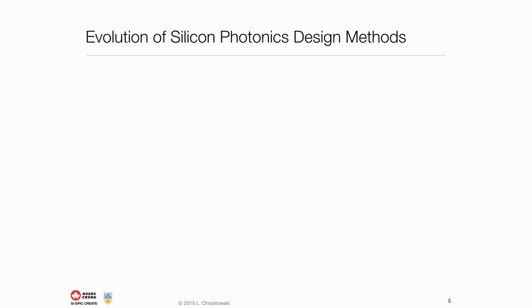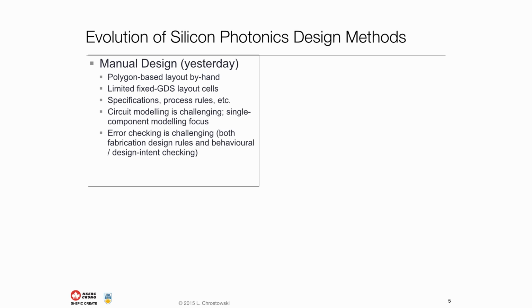Let's see how this compares to where photonics is and see the evolution of photonics design methods. First, let's examine the simplest design methods. Here, everything is done mostly manually by hand or with your own scripts. For example, the waveguides are created by hand and consist of polygons. There's a small number of components consisting of GDS layouts. There's some documentation.